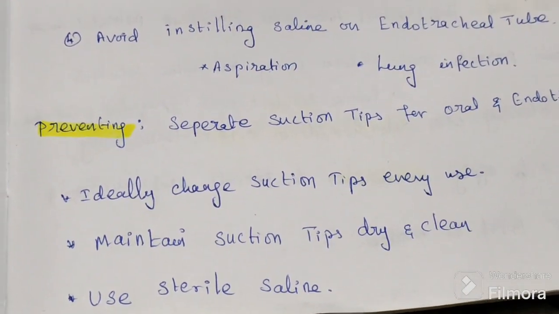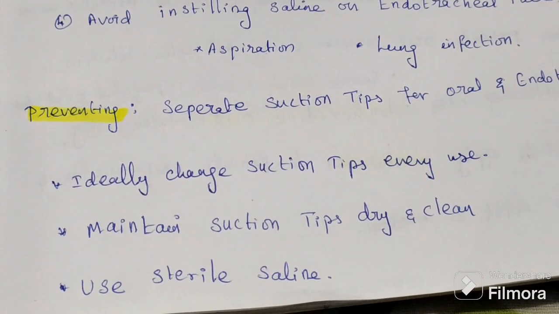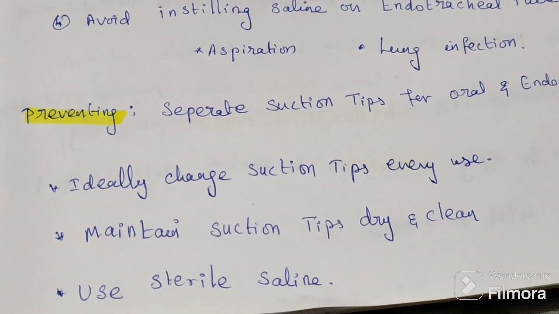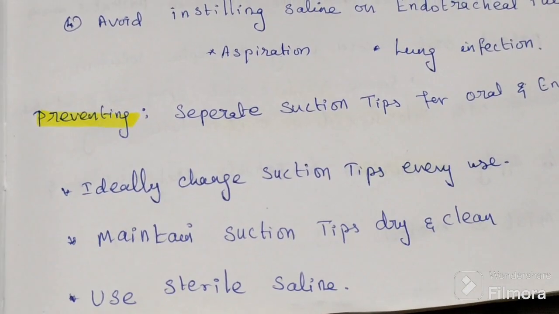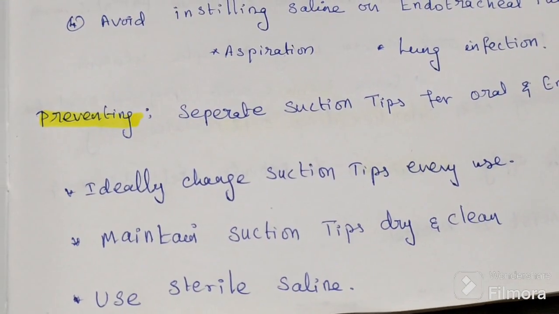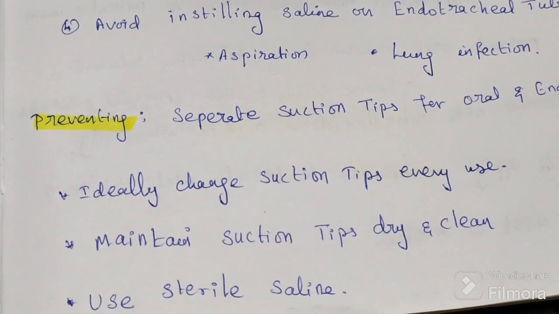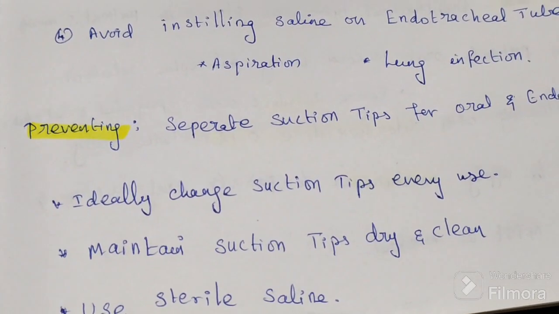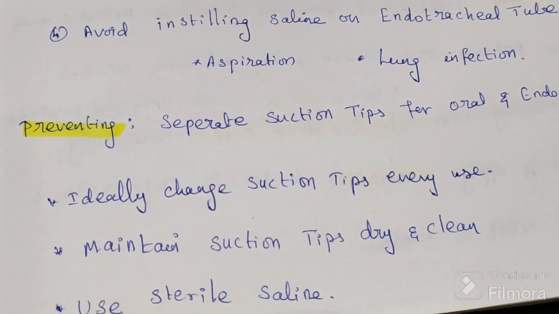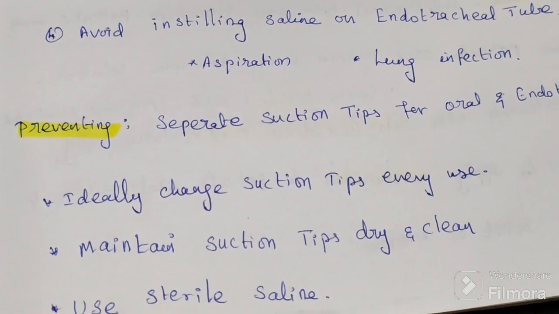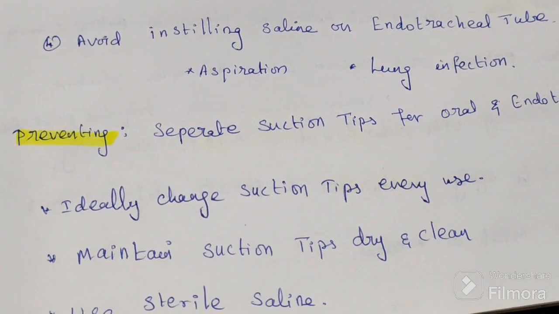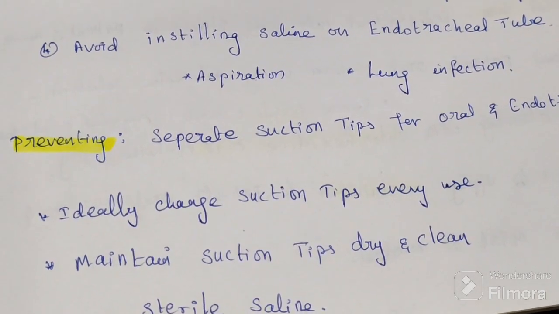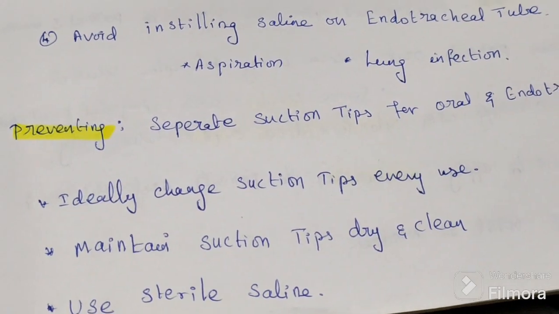Next is another ventilator associated pneumonia preventing method. It is important to separate suction equipment, oral and endotracheal tube suction tips. Giving emphasis on suction tube, we need to take note and apply the following.